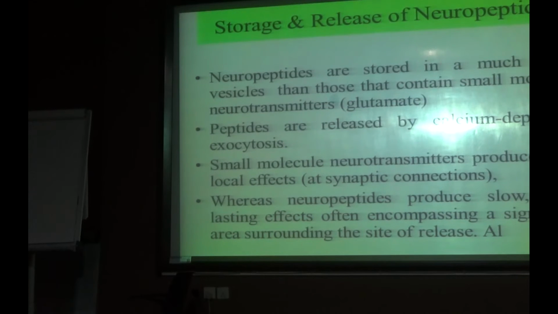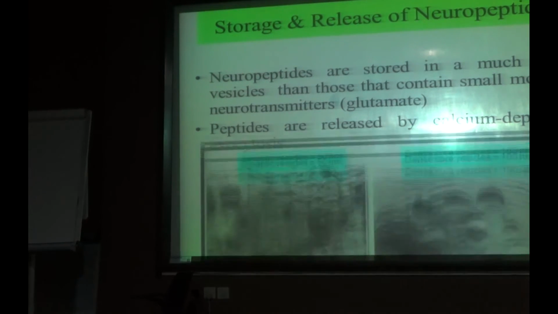Storage and release: neuropeptides are stored in much larger vesicles than the small granules of the neurotransmitters. Peptides are released by calcium-dependent exocytosis. A small molecule neurotransmitter produces a brief and local effect at a synaptic connection, whereas neuropeptides are large and produce a slow, long-lasting effect in comparison, and in a larger area.